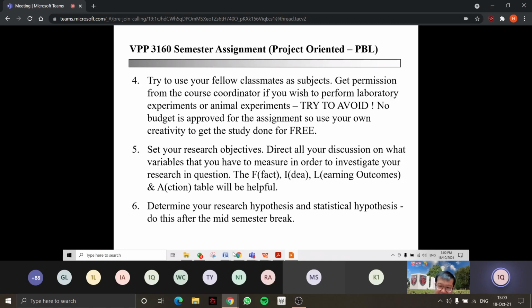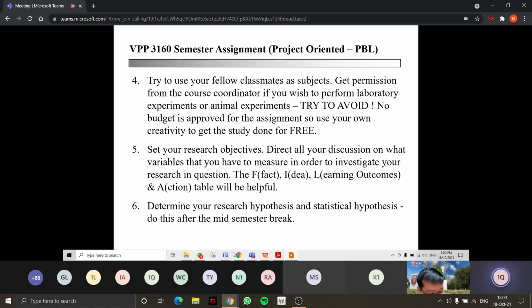So that means you may not be able to do your project-oriented assignment within the first week or even the first month of the semester. Because why? I'm going to teach all these materials about research objectives, about problem statements, about parameters and everything else in the subsequent lectures. So once you've got the materials in subsequent lectures, then you can start to organize them.